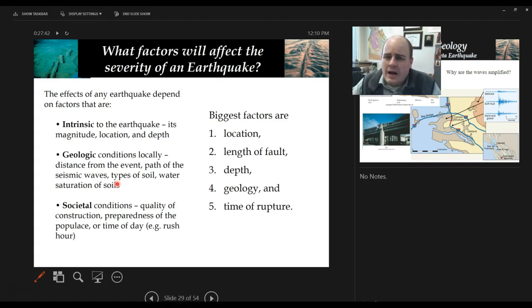Whereas if you're in softer material, it actually will slow down the wave and therefore amplify the wave. And so that makes the impact. If you have saturated soils, it's going to make an impact. And so we'll talk about that one a little bit later. Okay? Societal issues we've already talked about. Construction, populace, all those kind of things. Okay?